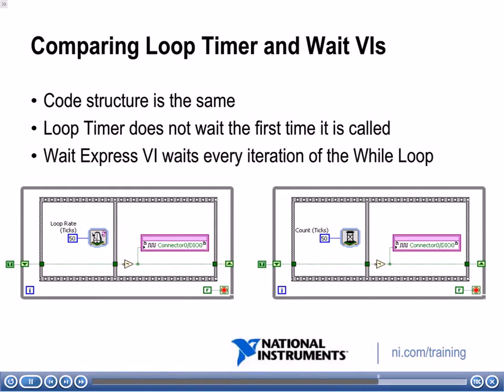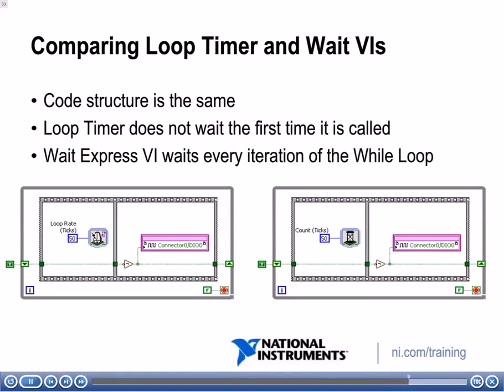So let's walk through this, and let's again pretend that the second frame in the sequence structure is going to take 25 ticks. In the very first iteration, it's going to execute that Wait Express VI, which is going to take 50 ticks. And then the second frame, let's say that takes 25 ticks. So that single loop iteration is going to take about 75 ticks.